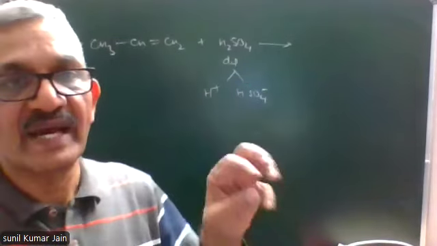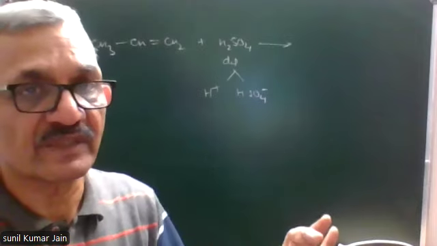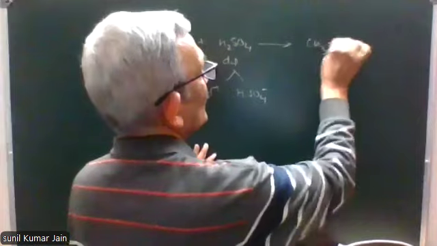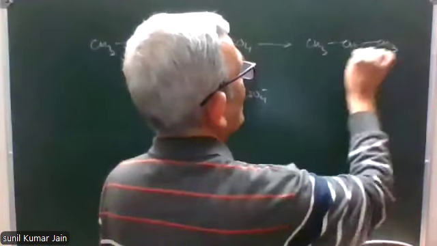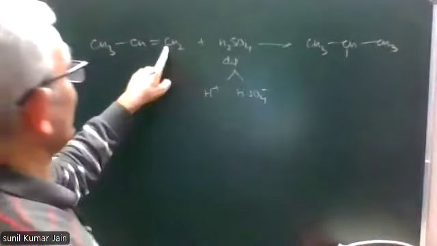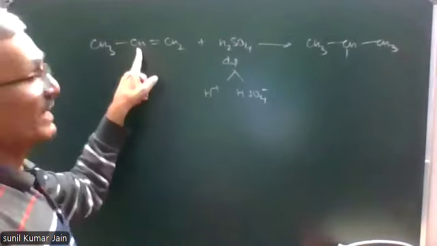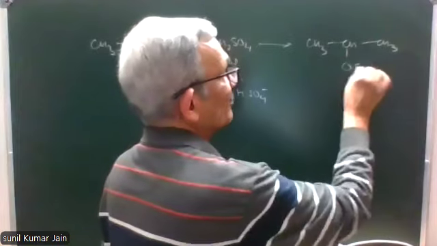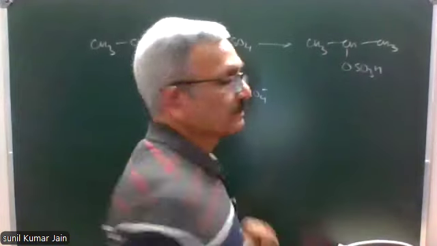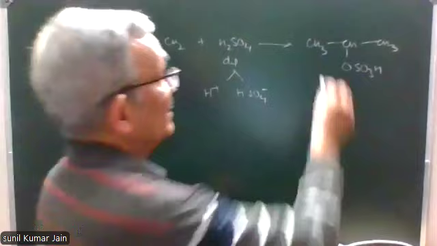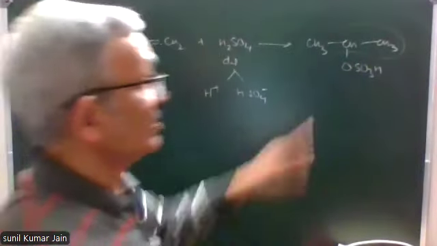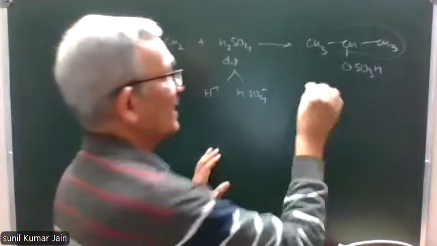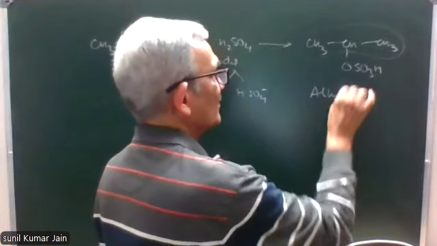These two parts will be added to the double bond according to Markovnikov's rule. We can apply "more gets more." H goes to this carbon atom and HSO4 minus will form a bond with the middle carbon. The bond will be formed through the oxygen atom. This is the alkyl chain and this is the hydrogen sulfate group. So the product is alkyl hydrogen sulfate.